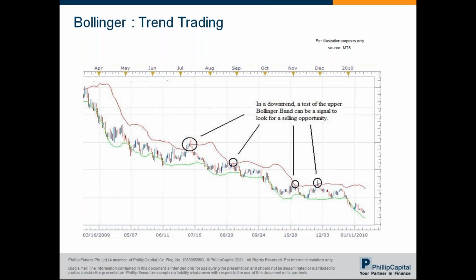So basically, just to recap, traders who trade the trend with Bollinger Bands: the first step is to determine the existing, prevailing trend. So before that, you see that the market fell in a downtrend.